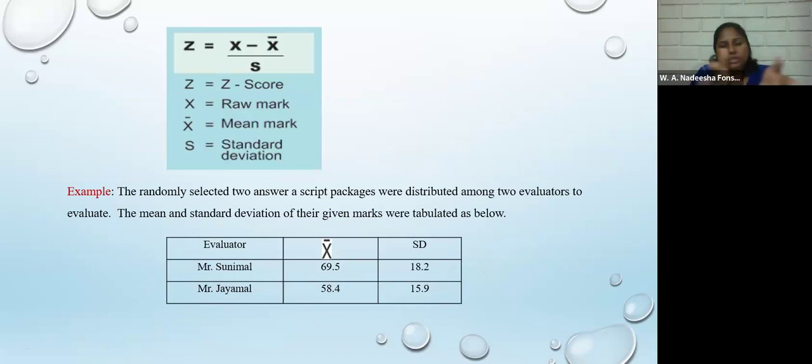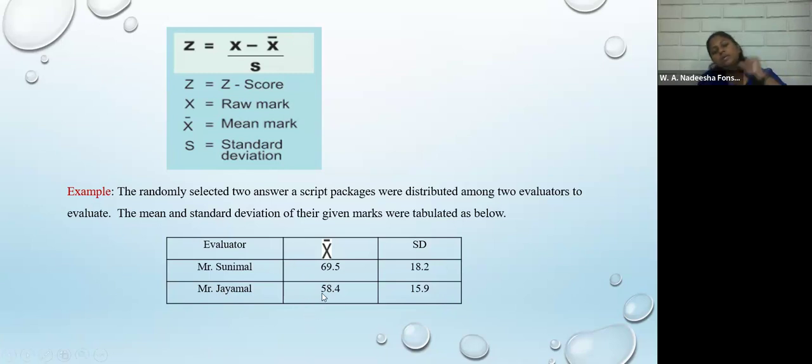There we did this example also. Two paper packets were distributed among two evaluators, and then we calculated the mean value of those evaluated papers and also the standard deviation.